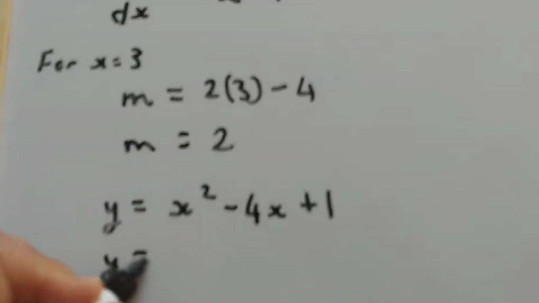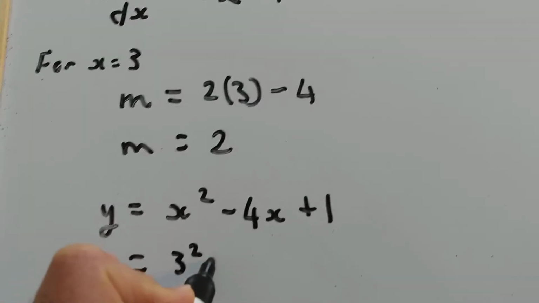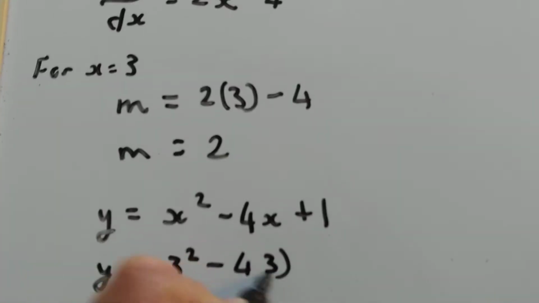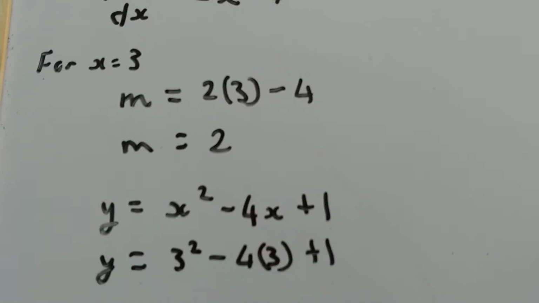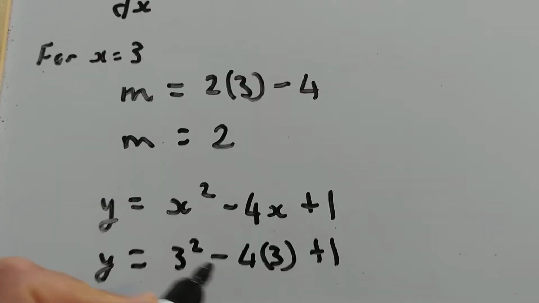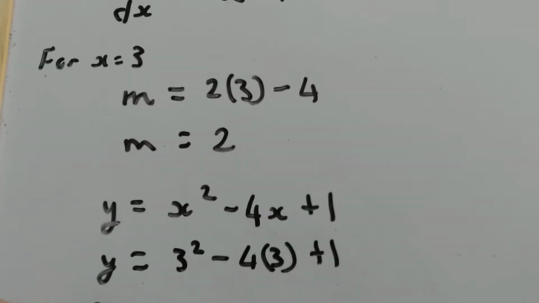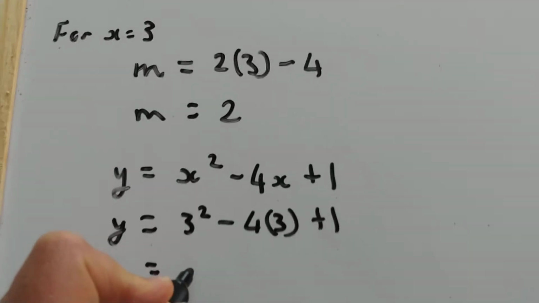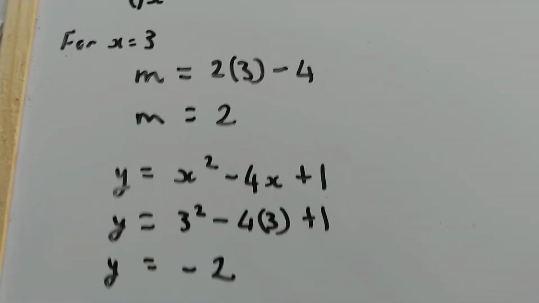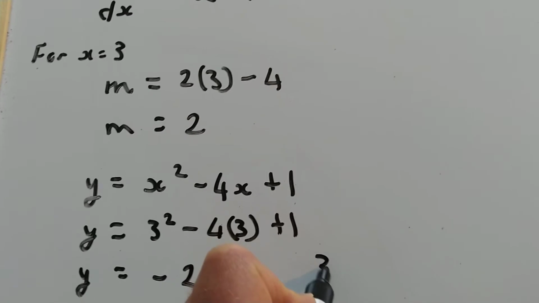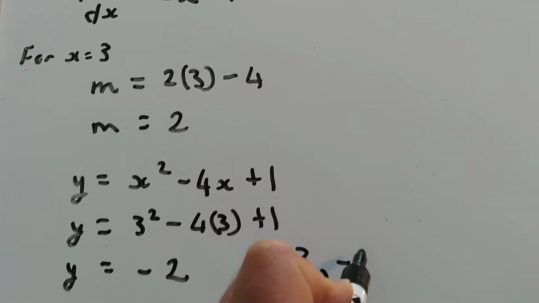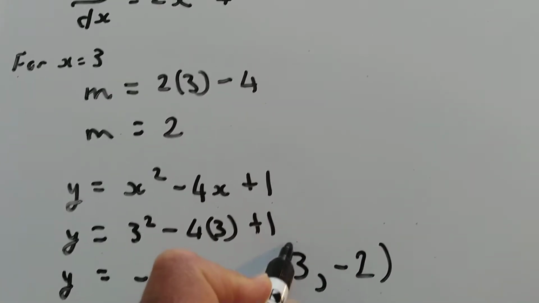So my y equals 3 squared minus 4 3s plus 1. 9 take away 12 plus 1. Y is negative 2. So we are saying when x is 3, y is negative 2.